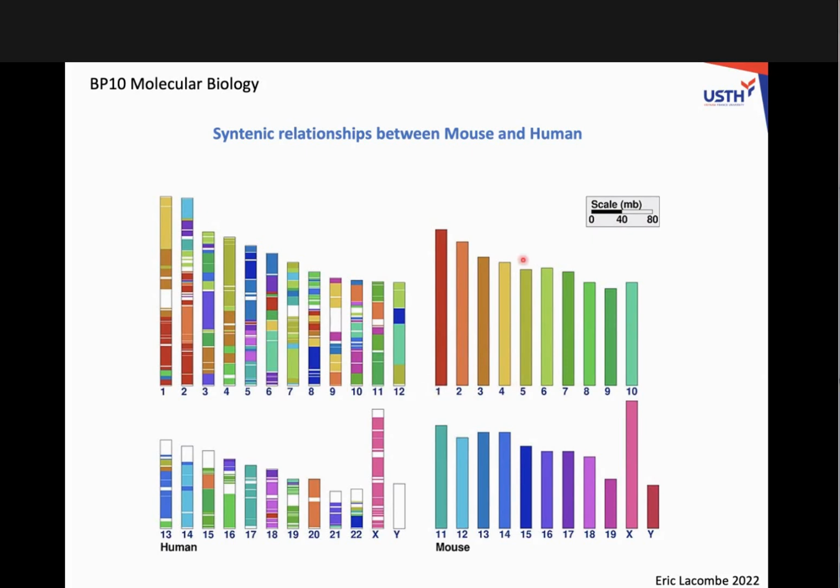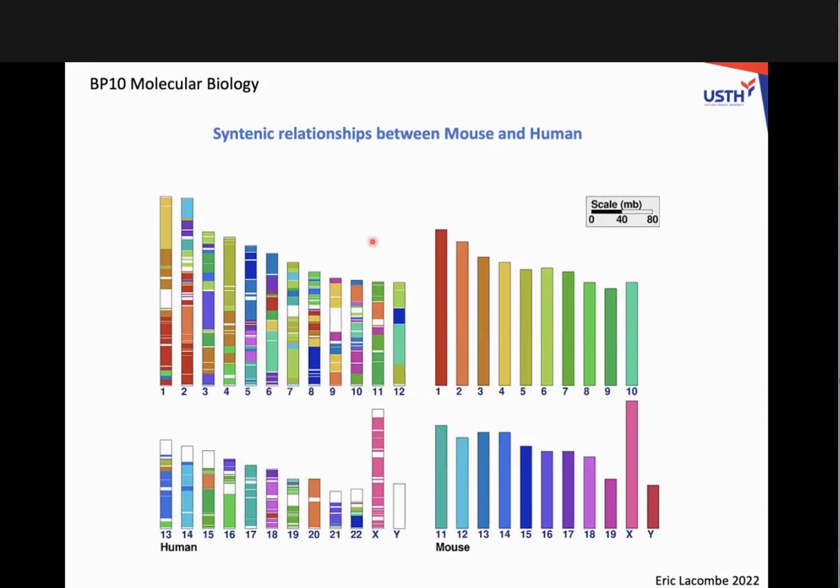And so on. For example, yellow boxes, if we look at the top of chromosome 1 in human, the color is a kind of yellow range. So it means that the north of chromosome 1 in human is the same as part of chromosome 4 in mice. Okay?